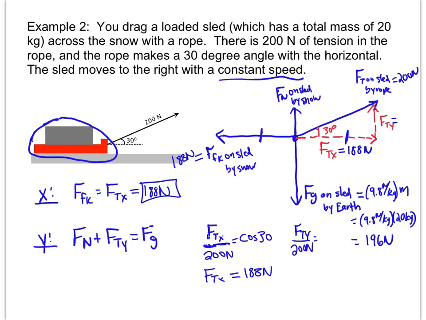This time Fty is the opposite, so that's going to be equal to the sine of 30. Okay, and Fty ends up being 100 newtons. So I'll write that up here, 100 newtons.